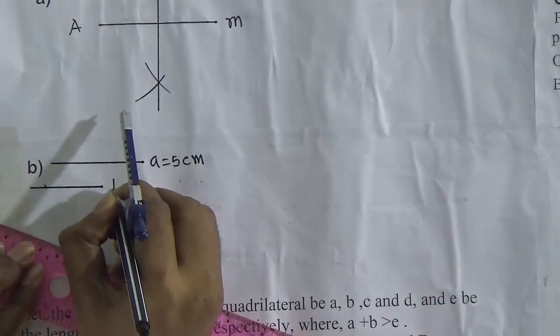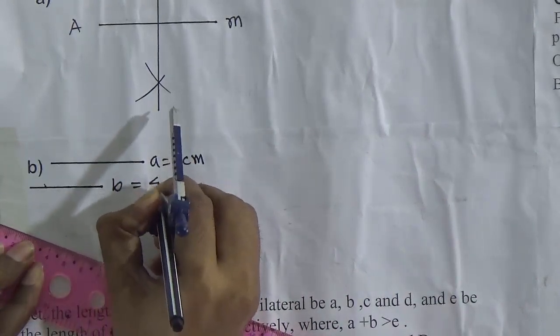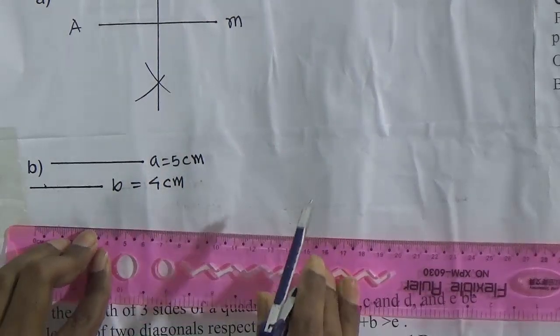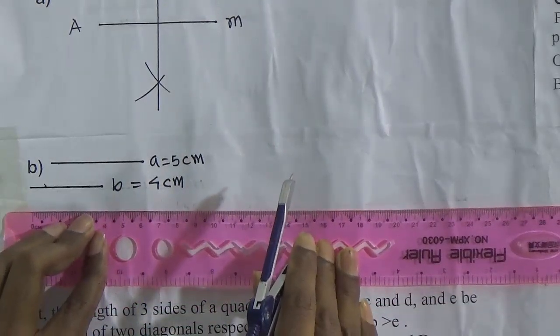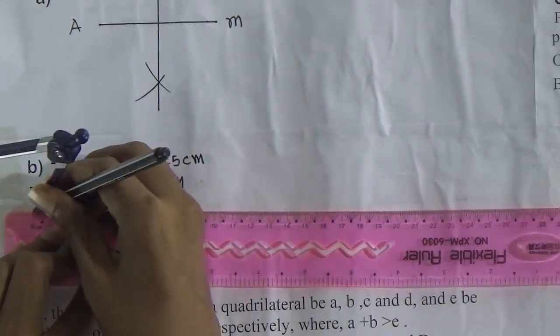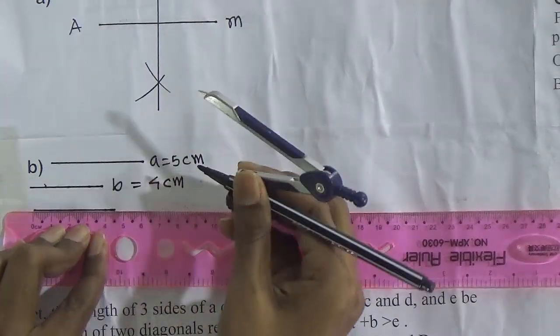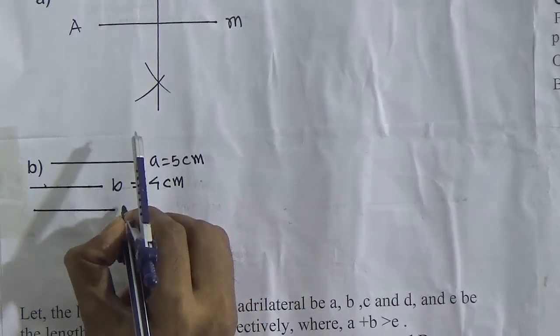B equal to 4 centimeter. And c equal to 4.5 centimeter. This is c.